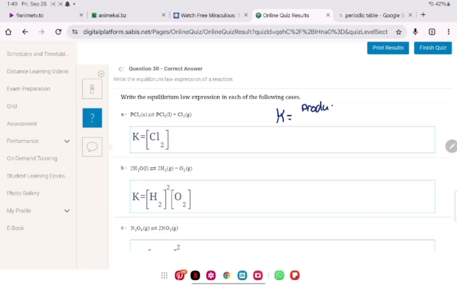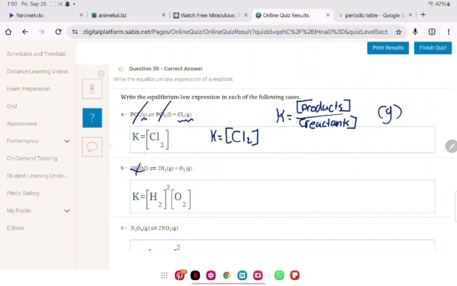products over reactants. Okay, and we're not going to take anything solid or liquid, we're only going to take gas. So here solid, ignore. Here liquid, ignore. We'd only take this, so it's going to be K equals Cl2.